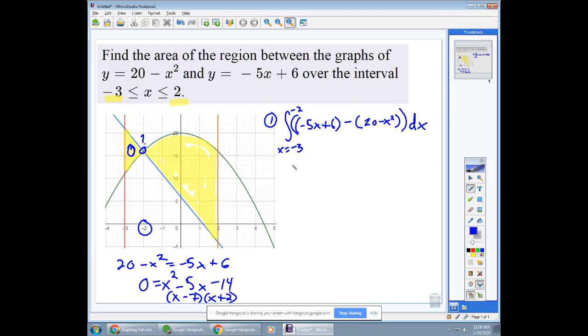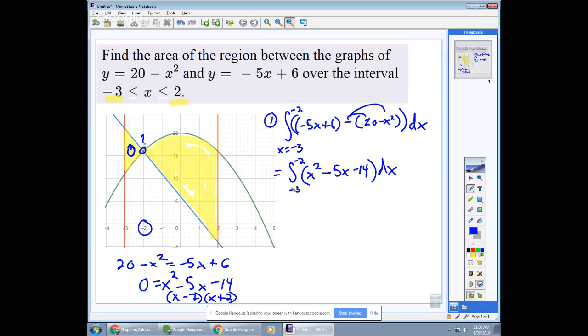Cleaning that up, integral from negative 3 to negative 2. We distribute the minus, so we get a positive x squared. Still have the negative 5x hanging out, and then 6 minus 20, which is negative 14. Matches our expression down below. So we just need to find an antiderivative for that.